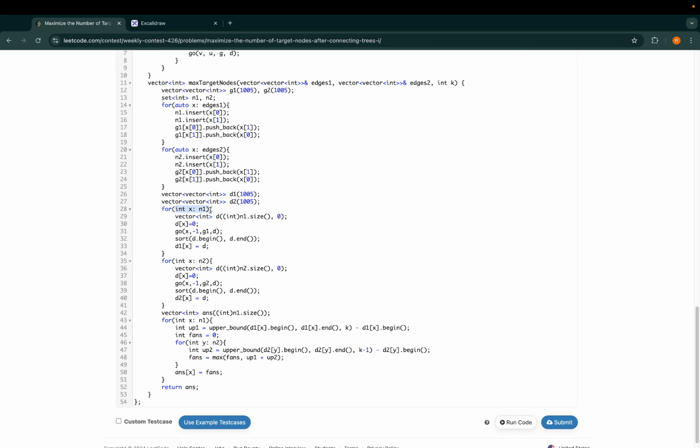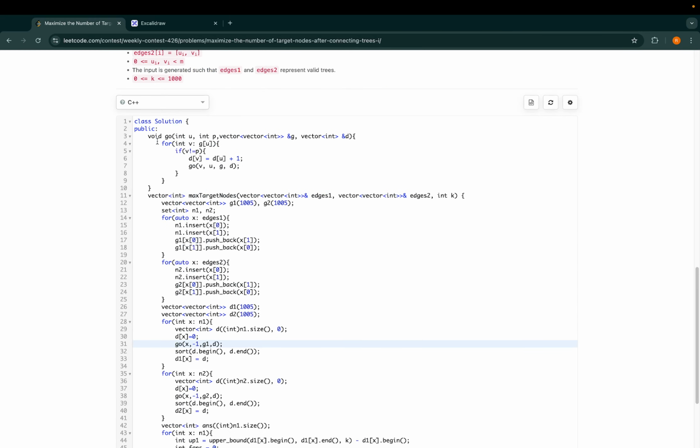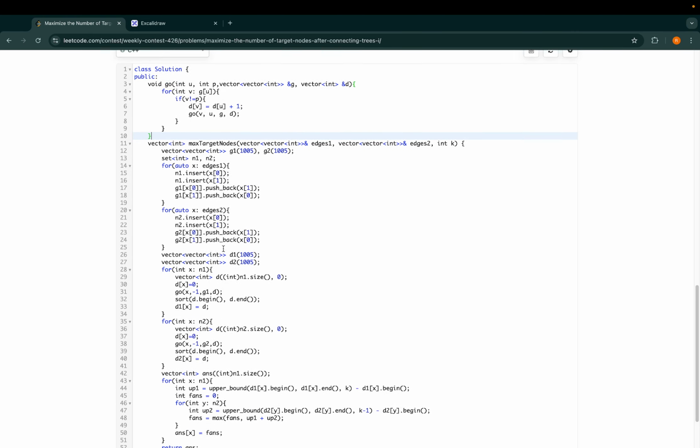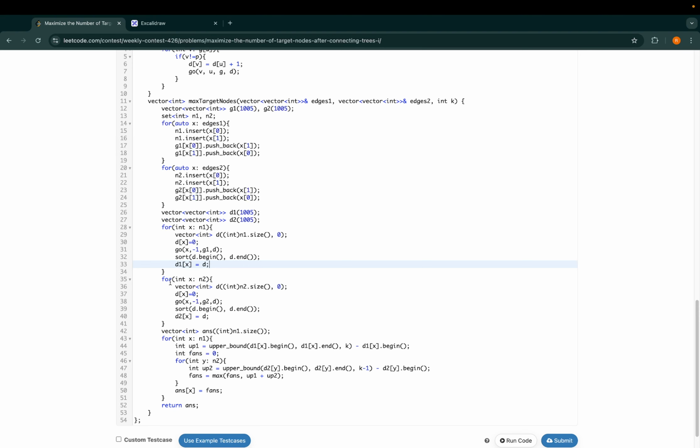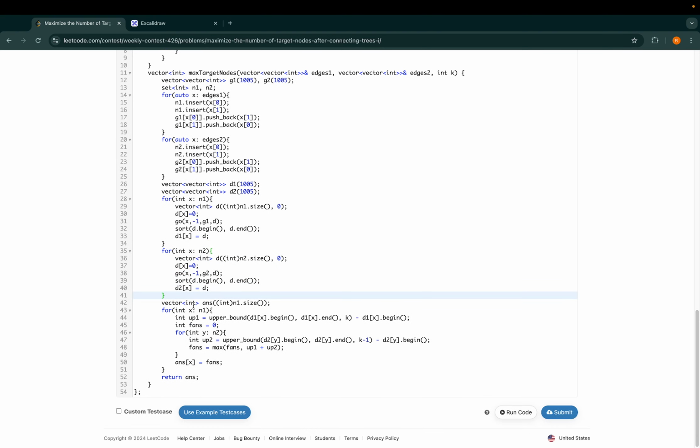So I iterate over all the nodes in tree 1. I calculate the distance from all the nodes from x, like this. Just call DFS over here again and again, and I just sort the vector and then insert the vector. So d1 of x becomes equal to d. And similarly I do it for the other tree, and then I just have an answer vector.